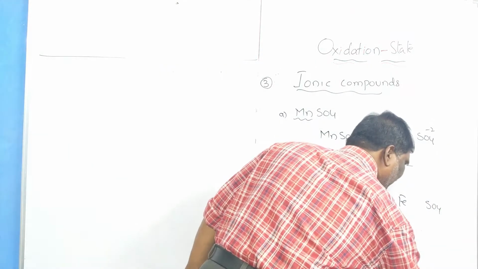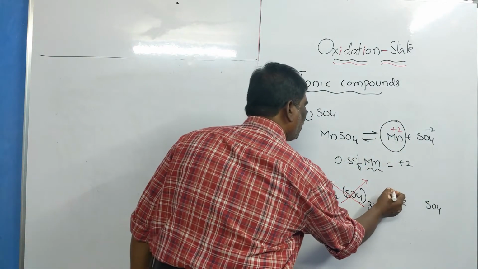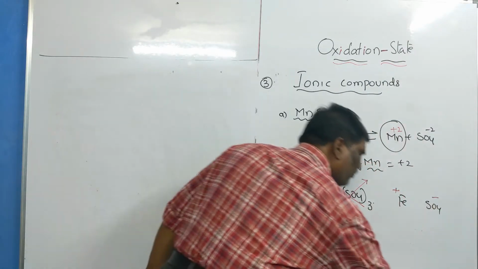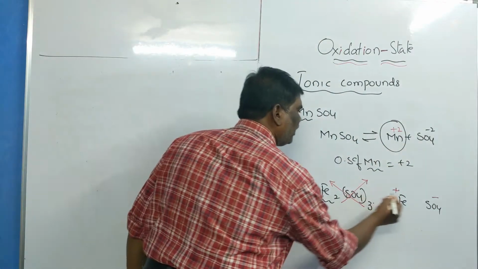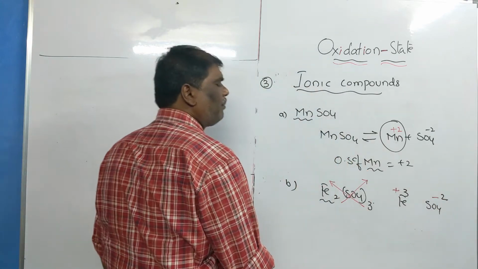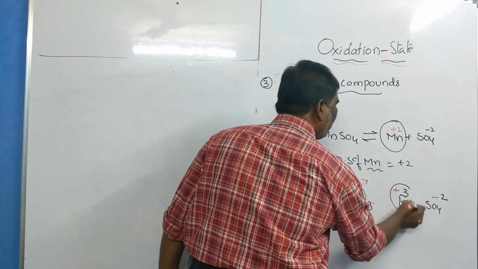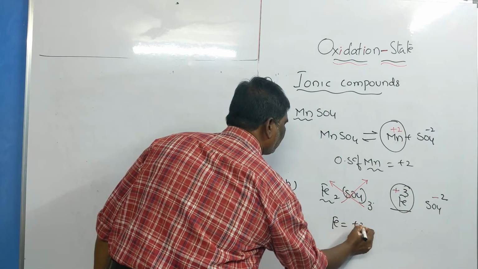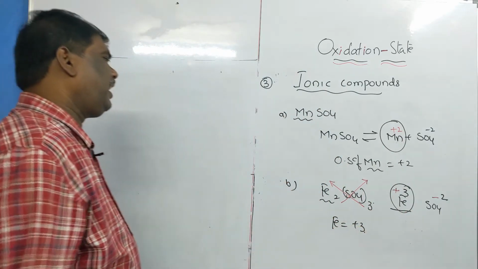You know, metal gets positive charge and non-metal gets negative charge. For iron we expect +3 as the oxidation state. For sulfate we expect -2. So the oxidation state of iron in this case is +3.